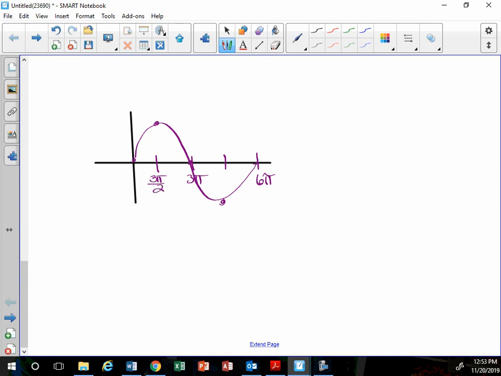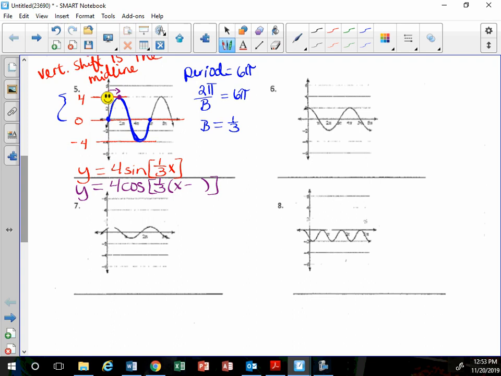Correct? So how far over did it shift? 3 pi over 2. Guys, they're always evenly spaced like that. This midline point is always halfway in between the two endpoints. The maximum is halfway in between the two midline points. You can just divide by 2 to get the next mark over. So our equation here would be x minus 3 pi over 2.